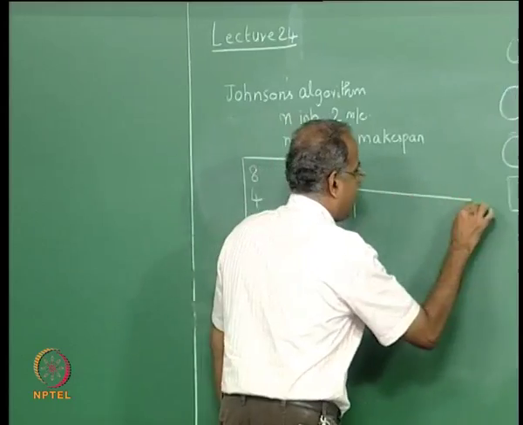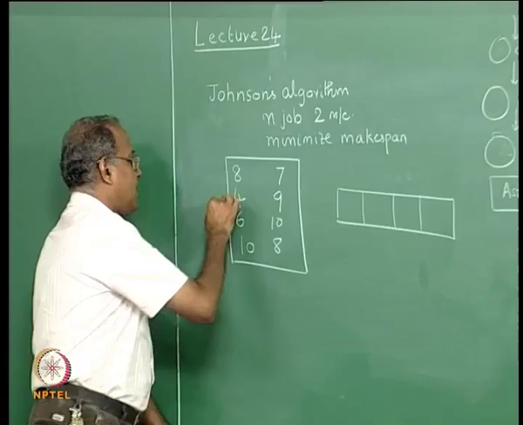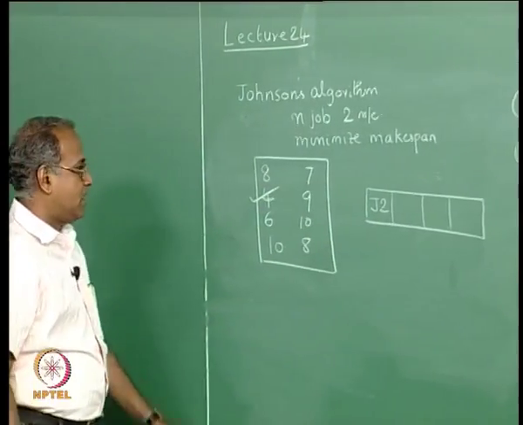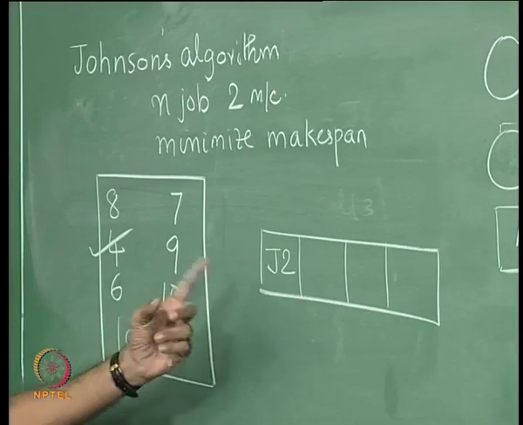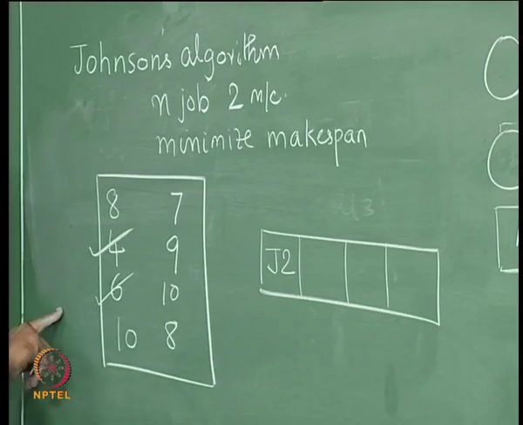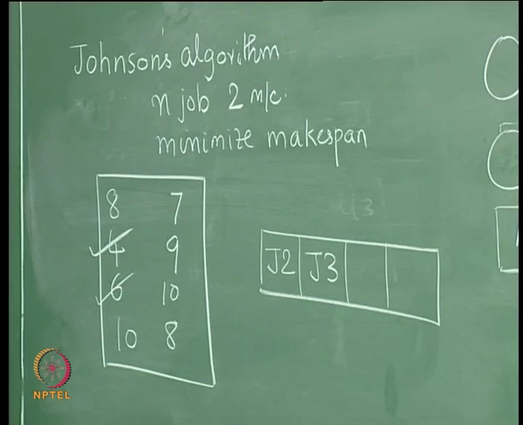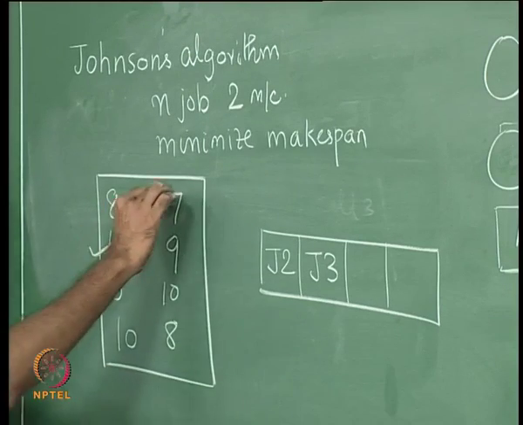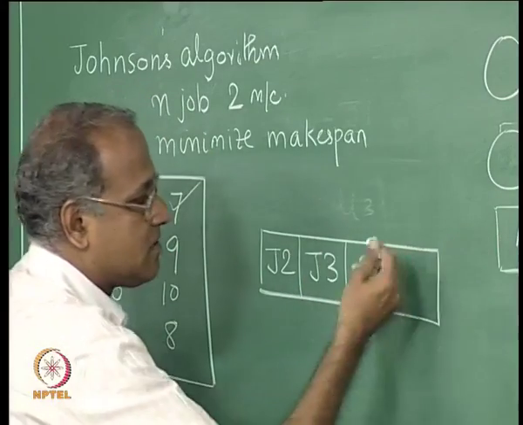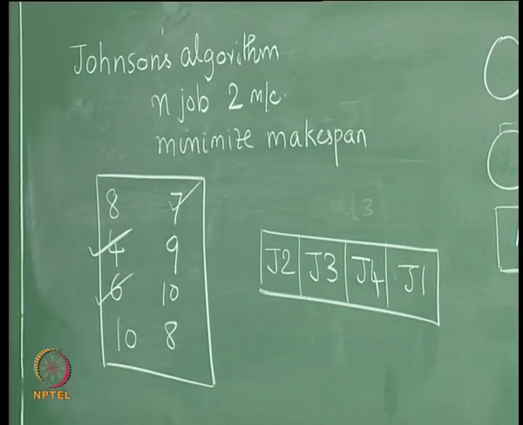I have 4 jobs, the smallest one happens here. So, J2 will come here on the first machine, from the left. The next smallest is 6, J3 on the first machine, so J3 will come here again from the left. The next smallest is 7, so J1 on the second machine. So, J1 will come from this side and J4 will automatically come here.